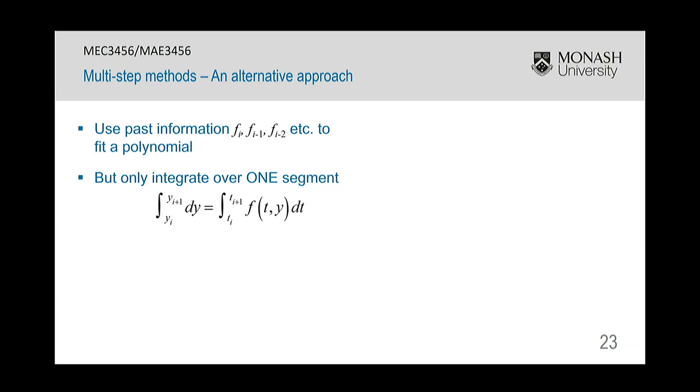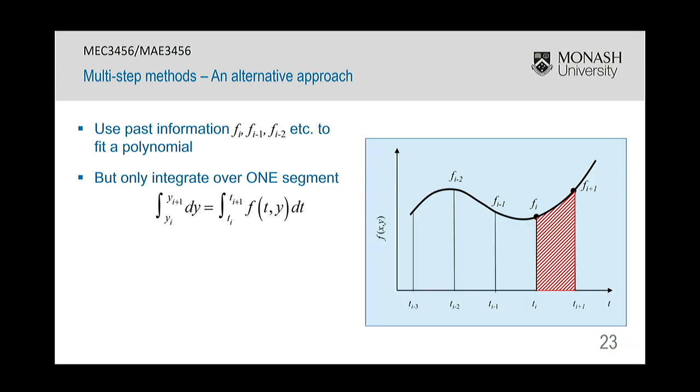So let's go back and have a look at what we're really trying to do here. The solution of the ODE can be written as an integral dy from yi to yi plus 1 is equal to some integral of our right-hand side function from ti to ti plus 1. So schematically, that's what we're trying to do there.